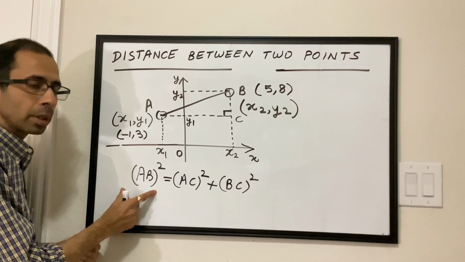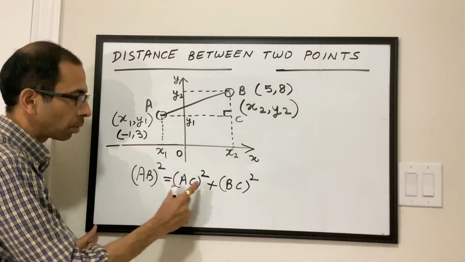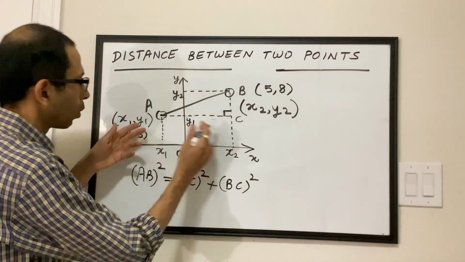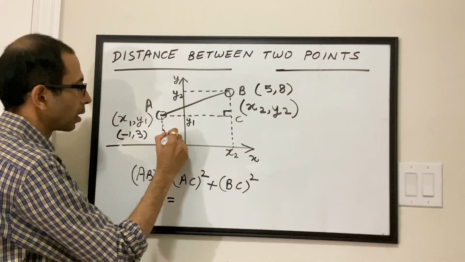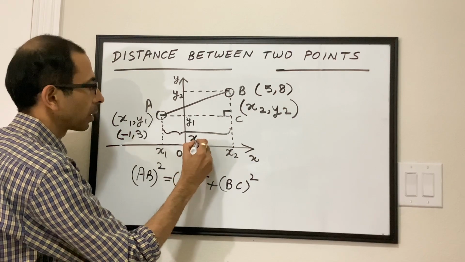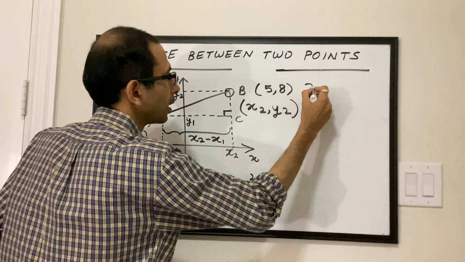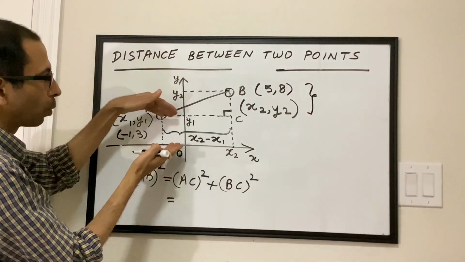The square of the hypotenuse is equal to the sum of the squares of the two legs, right? Now what is AC? The length AC is nothing but x2 minus x1. What is the length BC? It is nothing but y2 minus y1.